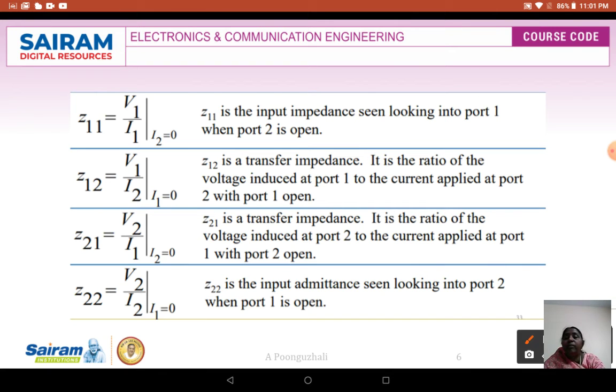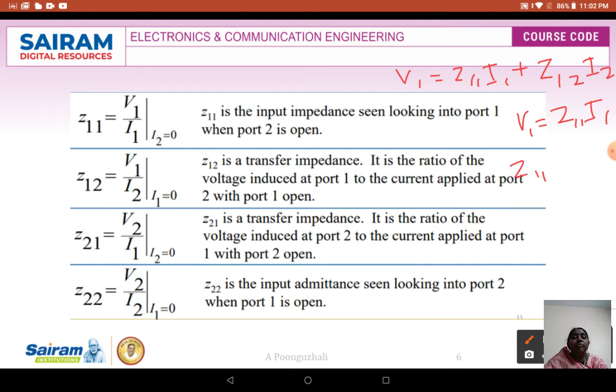So we know that your V1 is equal to Z11 into I1 plus Z12 into I2. Now in this equation, if I make I2 to be 0, my equation is going to be V1 is equivalent to Z11 into I1. So Z11 is equivalent to V1 by I1.